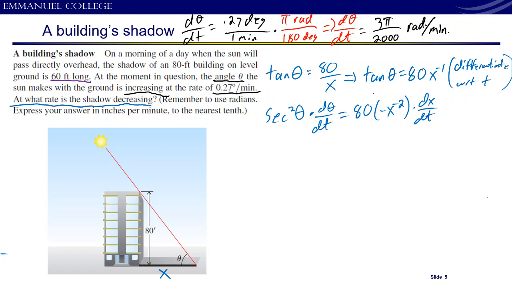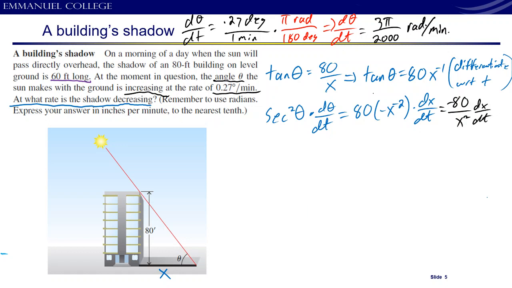So first things first, let's get dx dt by itself. If I do that, this will be negative 80 over x squared dx dt.